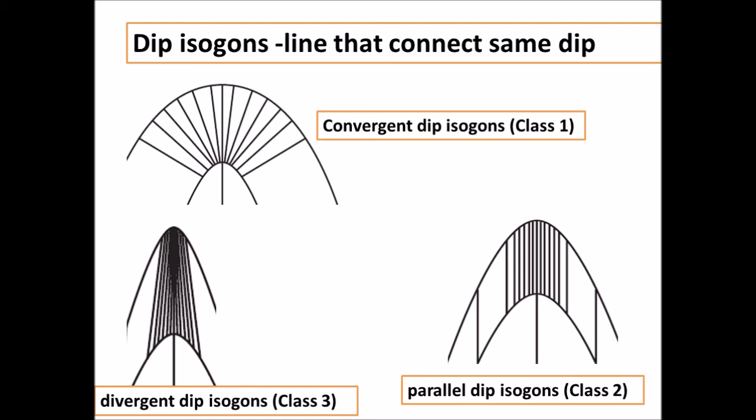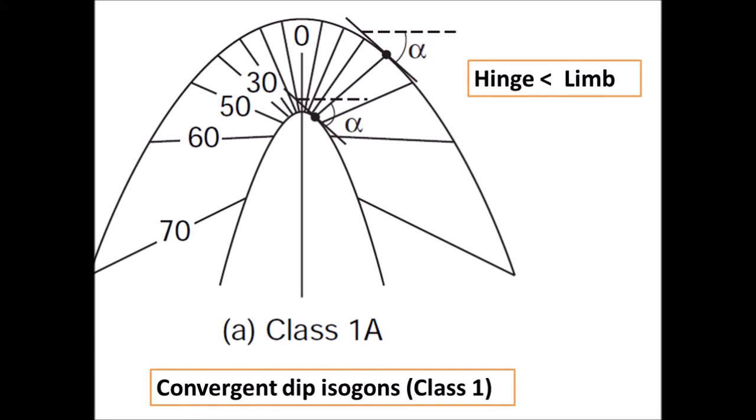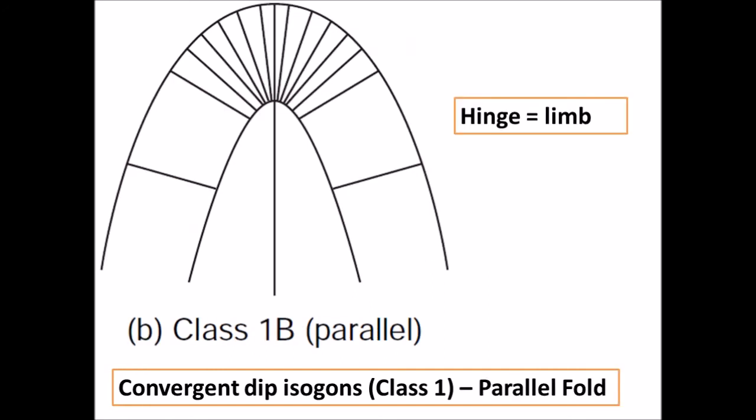Now we will see in detail. We have to take care of the hinge and limb thickness. In a class 1 fold, the dip isogons converge in the inner portion. But at the same time, in the class 1A type, the hinge would be less thick than the limb. So that would be a class 1A fold. And in a class 1B fold, the thickness of the hinge and limb would be the same. So this is a parallel fold.